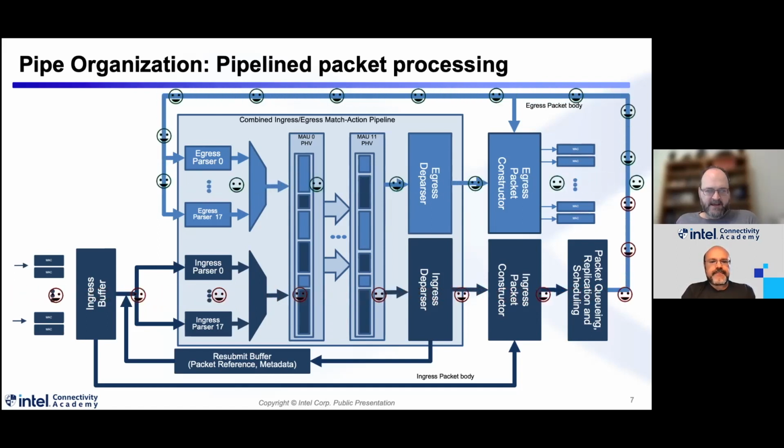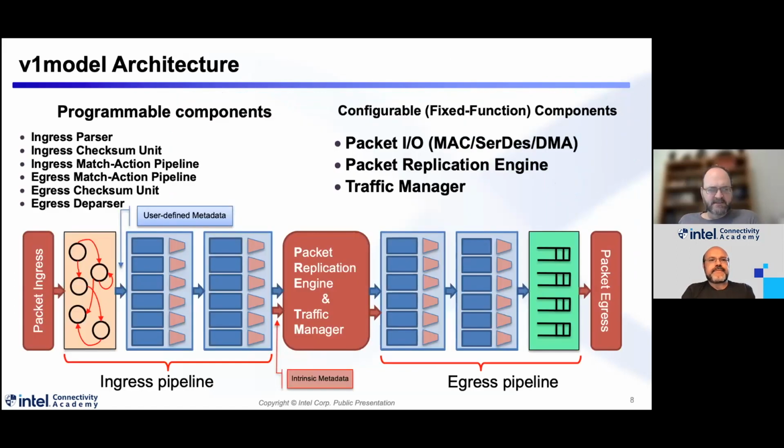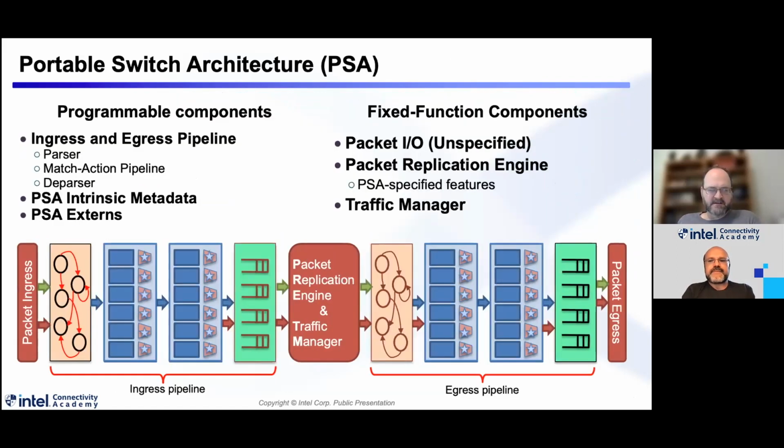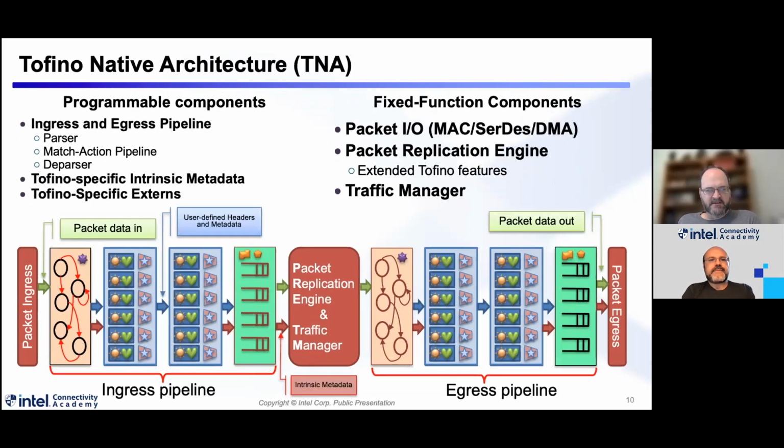So Tofino has its Tofino native architecture, which has a lot of similarities to the portable switch architecture. But in some ways, the portable switch architecture is a lowest common denominator architecture. It's the things you expect to find in any switch ASIC. But Tofino definitely has its own special features that are above the lowest common denominator. So we wanted to expose all of those in the Tofino native architecture.